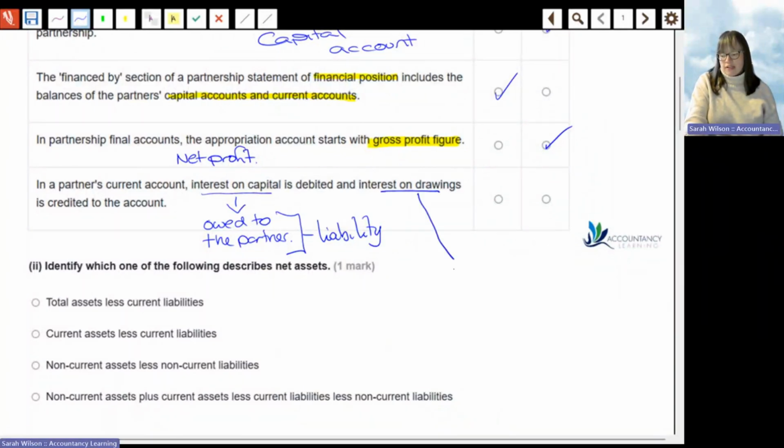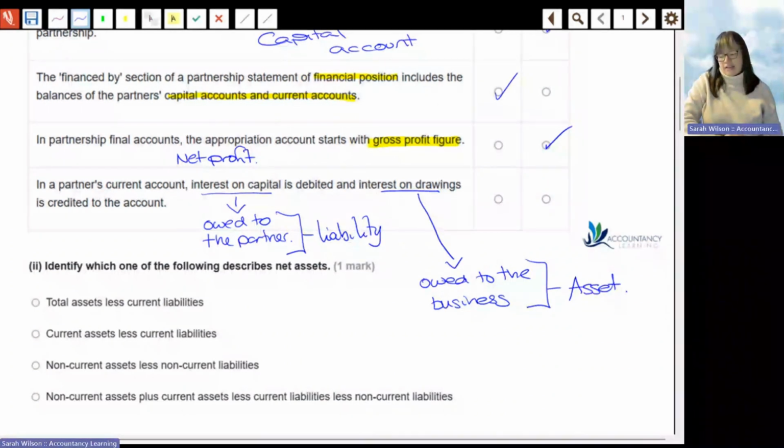Interest on drawings is owed to the business, which means this is an asset.